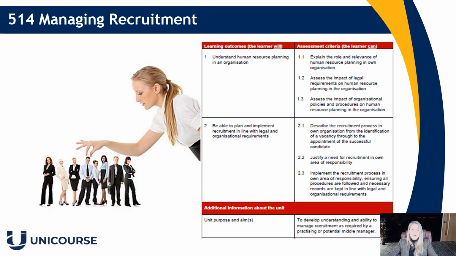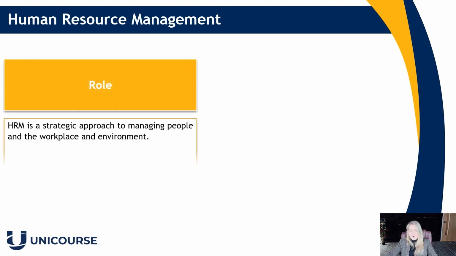Okay, so we'll start off with a couple of definitions. When we think about the role of human resource management, it is a strategic approach to not only managing the people but managing the workforce and the environment of the organization as a whole.